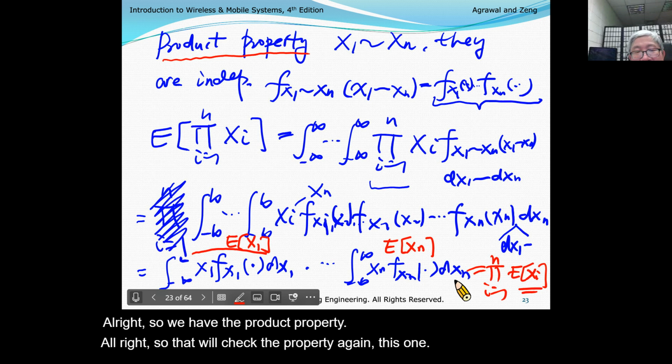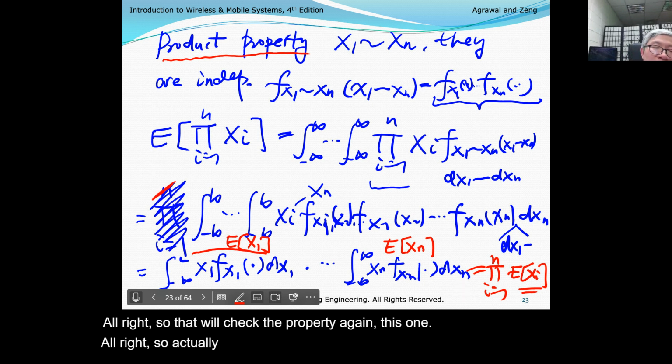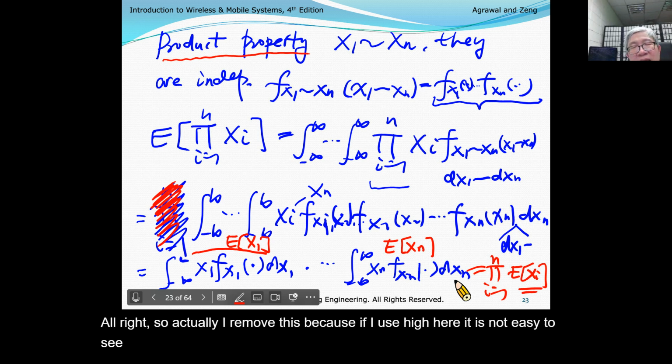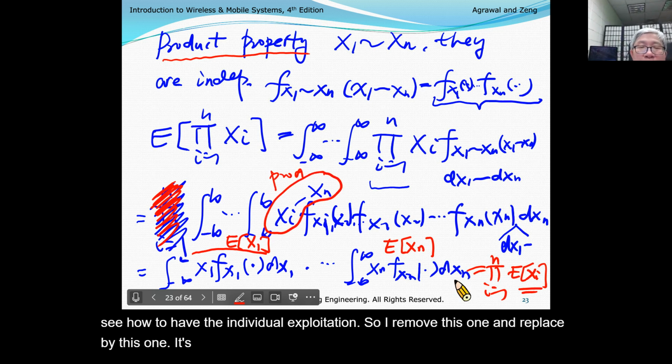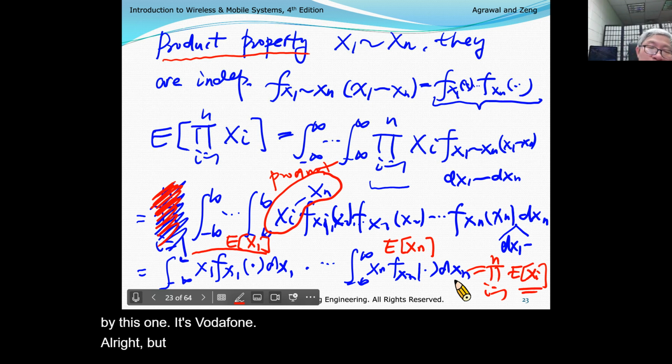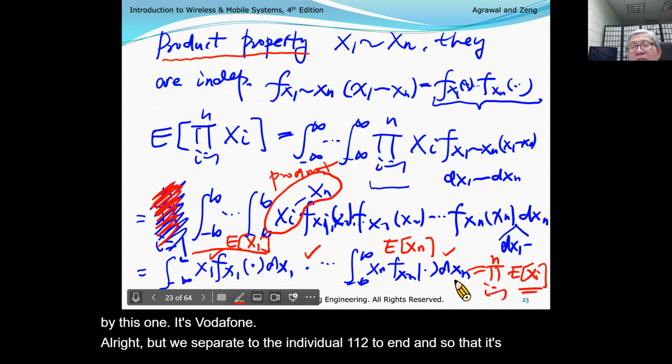All right, so actually I remove this because if I use pi here, it is not easy to see how to have the individual expectation. So I remove this one and replace it with this one. It's the polar form. We separate to the individual ones, 1, 2 to n, so that it's the polar form of the expectation.